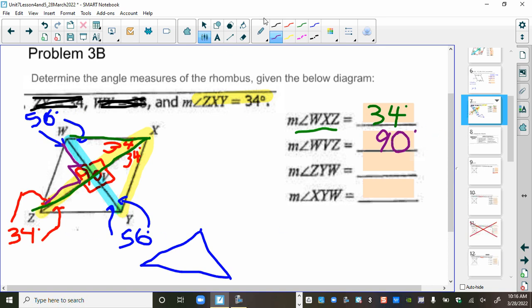And then Z, go to Y, and then we shoot up to W. How many degrees was this angle right here? 56.